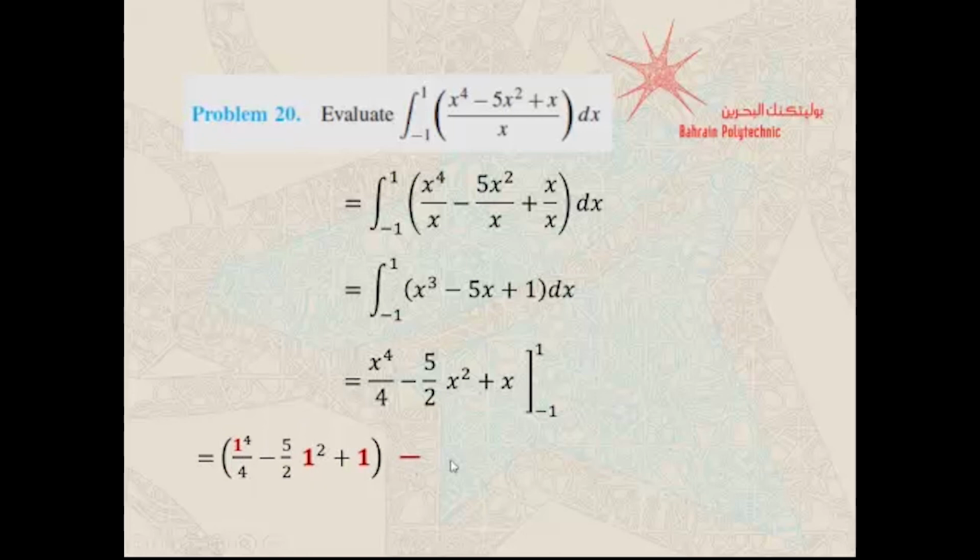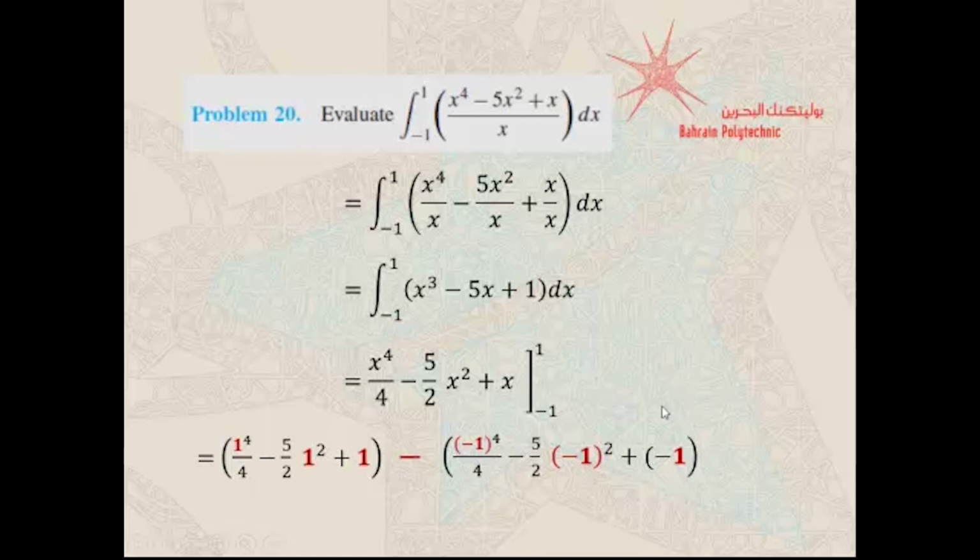Now I'm going to substitute with the lower limit, which is -1. And be careful if you've got a negative number and you're raising it to a power, please put it between brackets so that the entire number gets raised to the power. It's not only the number without the sign. This is the entire number with its sign raised to the power. So I just replaced the x's with -1 right here.